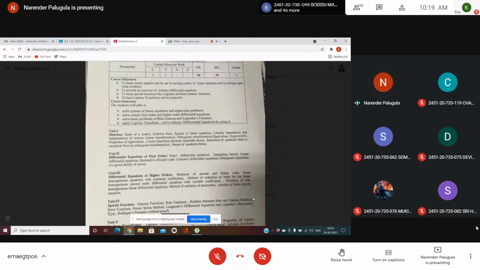But going to Unit 2, you will cover types of differential equations. Unit 2 is first order differential equations. You studied first order differential equations at intermediate level, up to homogeneous form: variables separable, homogeneous form, non-homogeneous form.